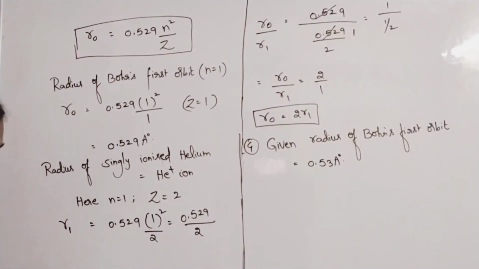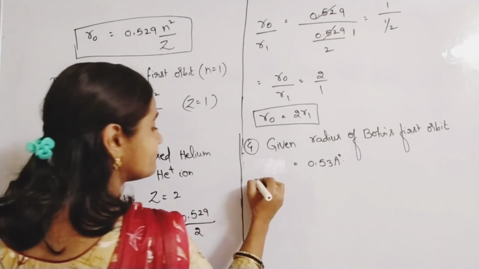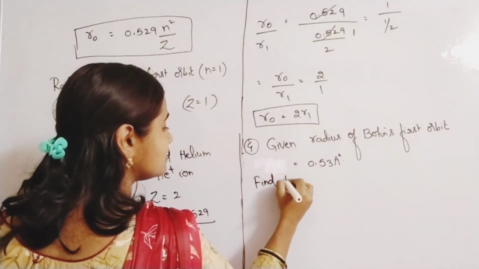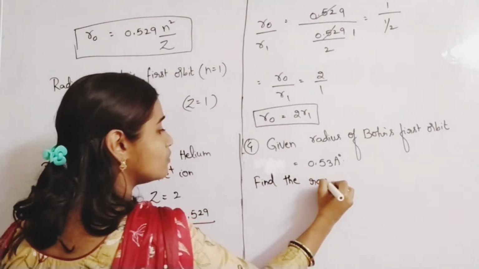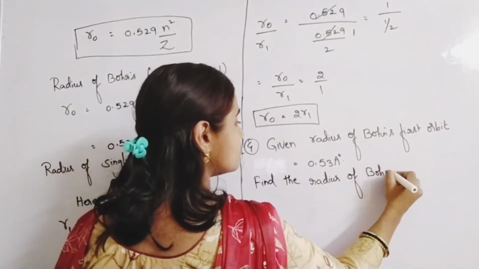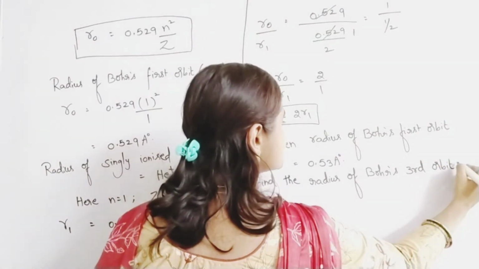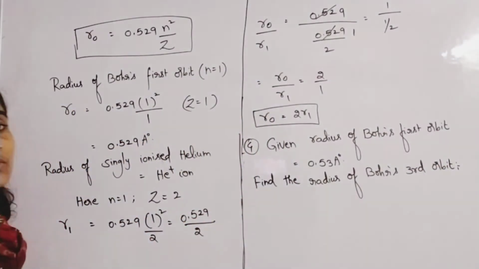That is given to us. Then find the radius of Bohr's third orbit. This is your question. So how do you find it, and what formula do you have to use?